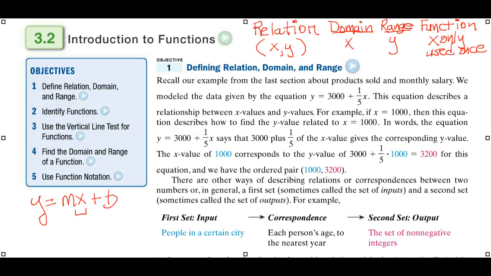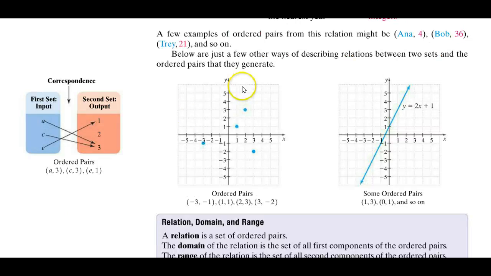So we'll build on that as we go through. So we see, again, tying it into our previous lesson, these are all ordered pairs. They have an x value, a y value for each one. And as we look at these, the -3, a 1, a 2, and a 3, the x element's only used once. So this would be a function.